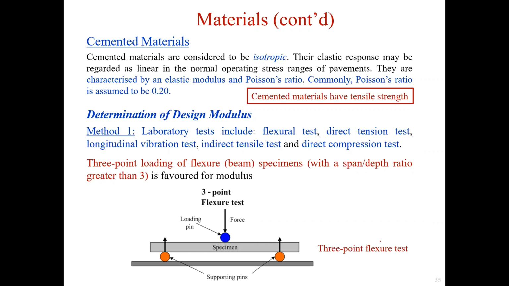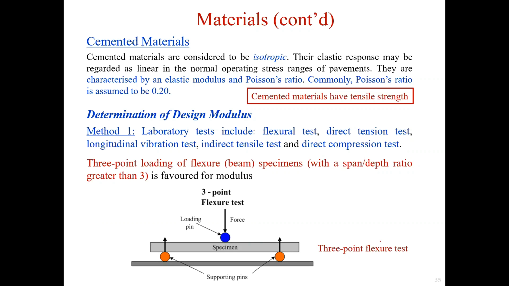There are mainly two methods to determine the design modulus of cement: the laboratory tests and empirical values in the design table. The laboratory tests include the flexural test, direct tension test, longitudinal vibration test, indirect tensile test, and direct compression test. The setup of the 3-point flexural loading test is shown here in the bottom figure.